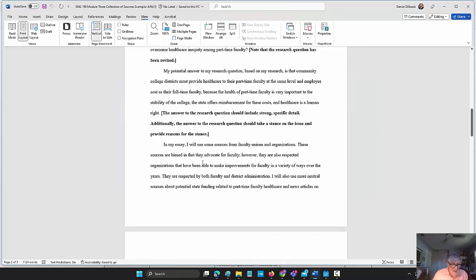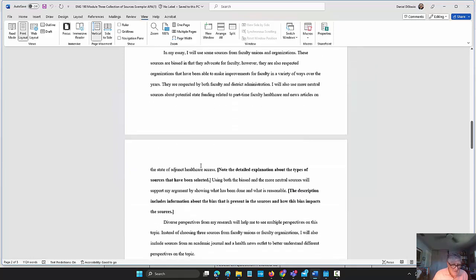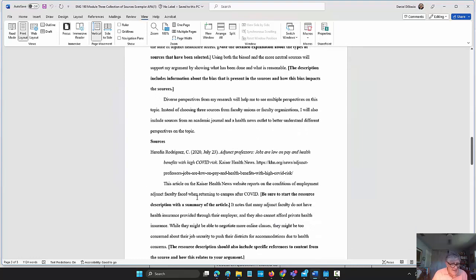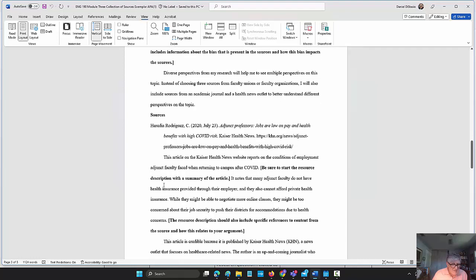Then you'll talk about kind of the sources that you'll be using. And finally, you'll address those biases and diverse perspectives. The next part is the annotated bibliography, and you will list your sources in APA or MLA. You'll give a brief summary, and when I say brief summary, I think 3 or 4 sentences.